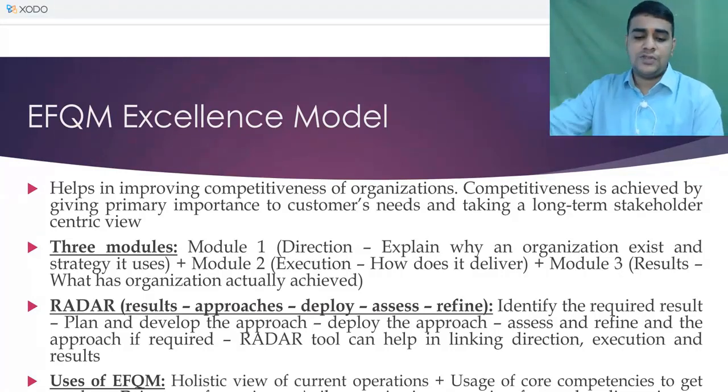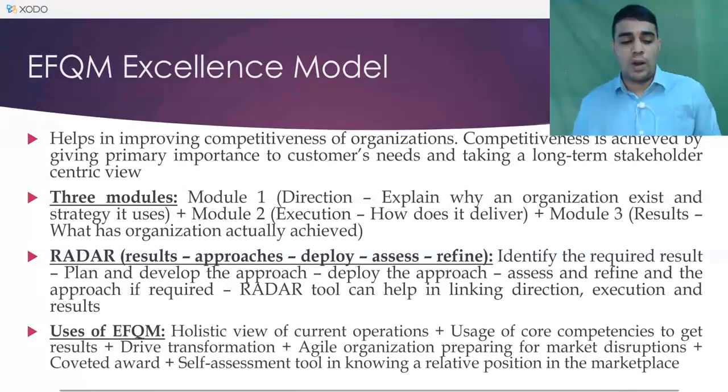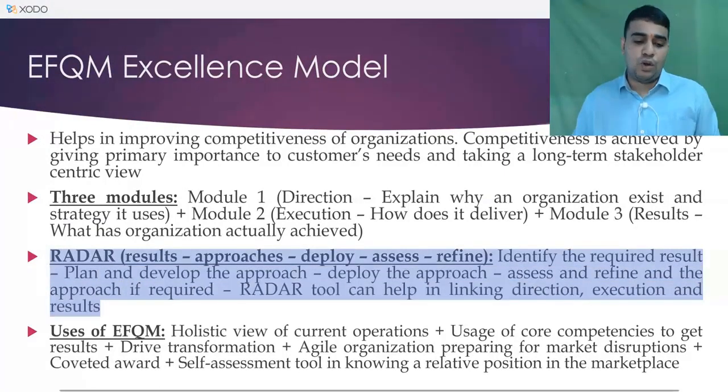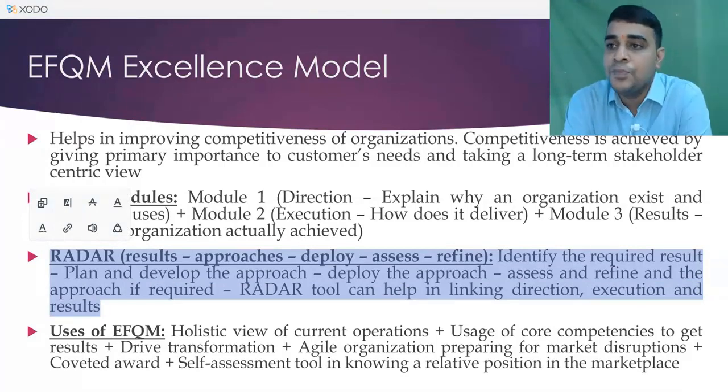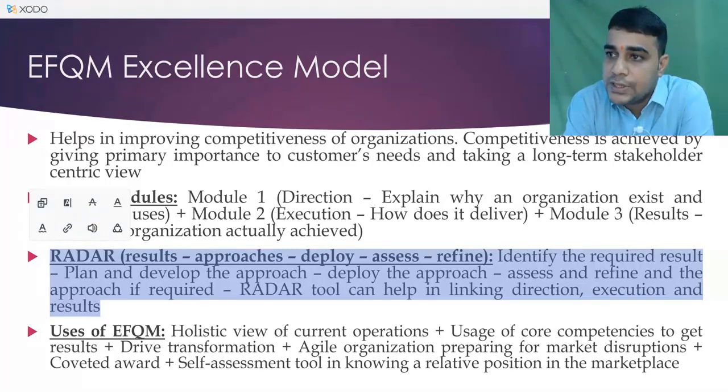Okay, then you have something called RADAR. RADAR is called the diagnostic tool of your EFQM model. I was talking about that review and control mechanism. RADAR is basically going to do the same review and control mechanism. R stands for result. What does an organization want to achieve?